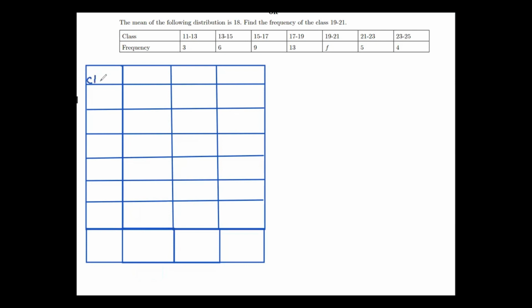So first one, as usual, classes, frequency, mid values, which is also called the xi column, and frequency is the fi column. So their product fi into xi is the last one. Very simple. Classes, we know well how to write. Let's fill this table.